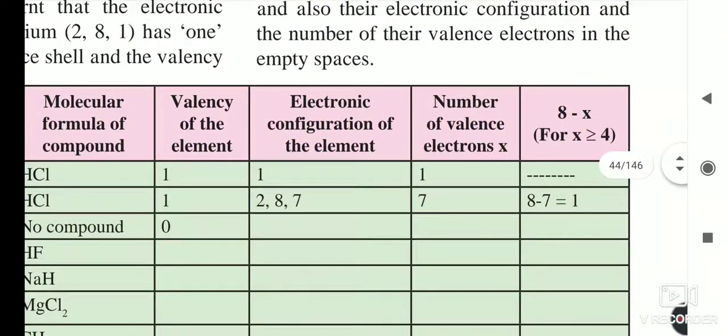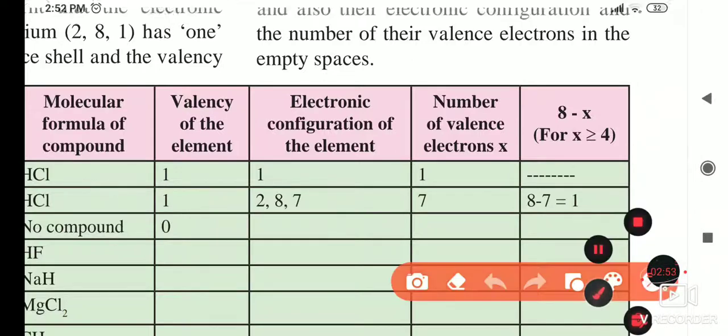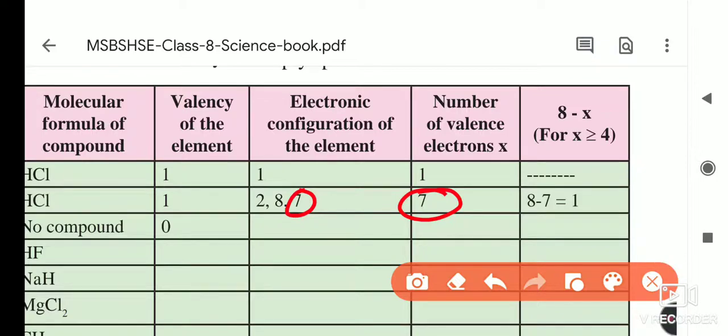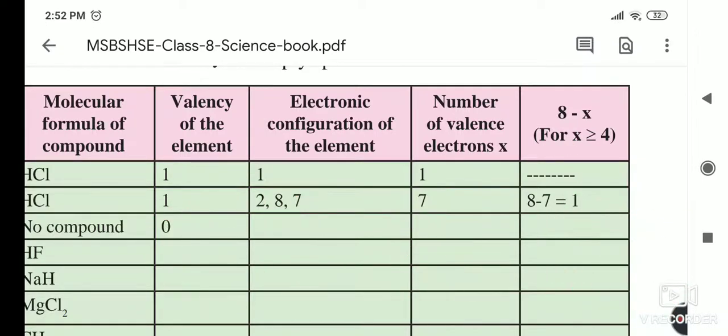If it is more than 4, like 7 electrons in the outermost orbit, and the valency is 1, it doesn't match. So at that time we have to subtract the number of electrons from 8. So here it is 1, and then this valency matches with each other.